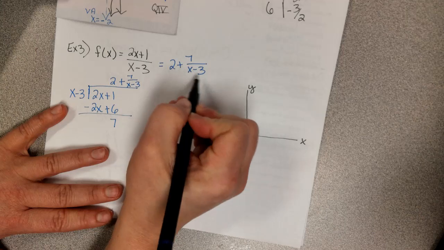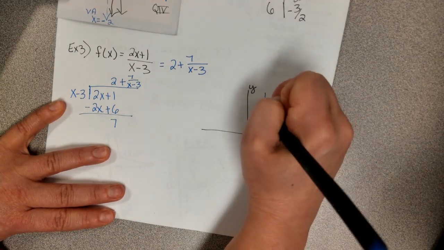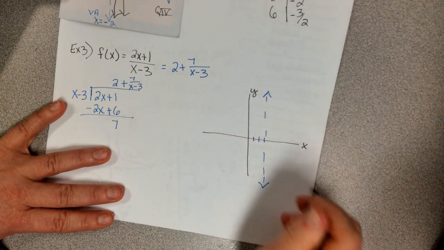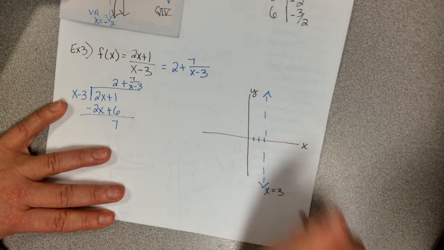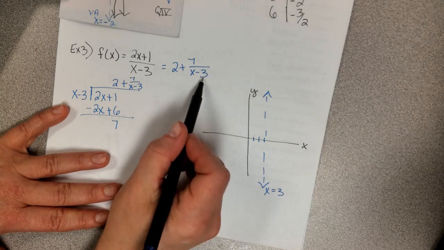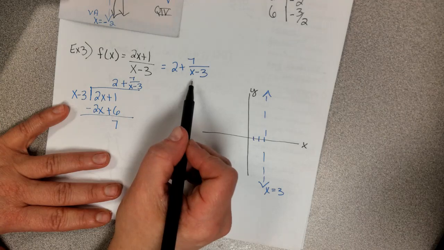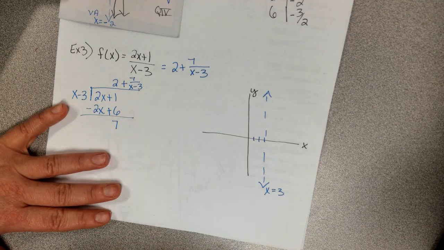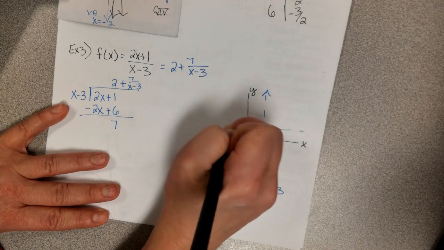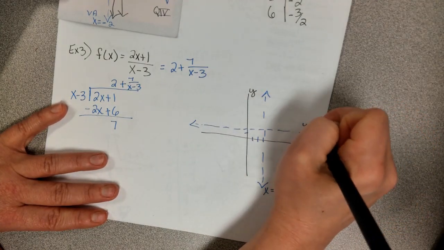I can see that I'm going to go right 3, so 1, 2, 3, and I should have an asymptote here at x equals 3. Because obviously, if x is 3, then 3 minus 3 is 0, and I would be dividing by 0. So obviously I want an asymptote there because I want to keep from dividing by 0. That would be a very bad idea. Then I have this plus 2, so I'm going to go up 2. 1, 2. There we are, and I can see that I also have an asymptote here at y equals 2.